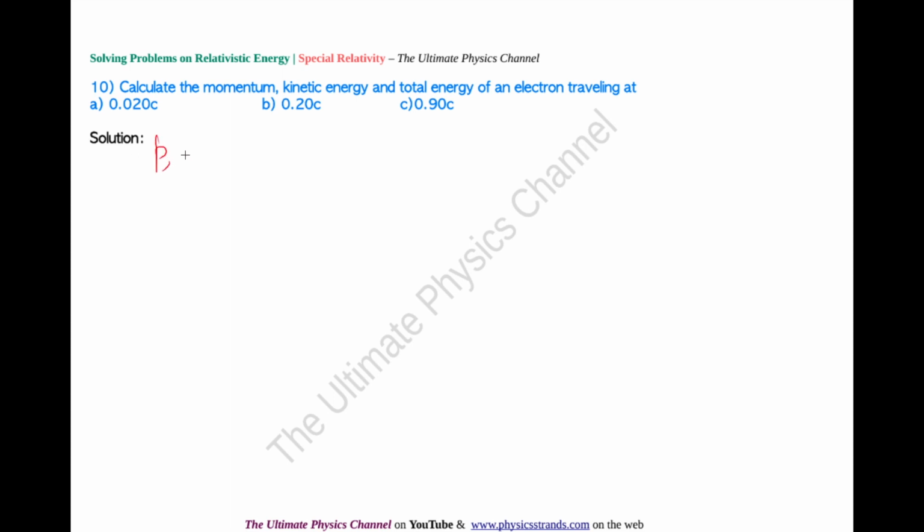So momentum p, kinetic energy, let's call that K, and total energy, let's call that capital E, of an electron whose speed is, we have 3 speeds, A, B, and C: 0.02c, 0.2c, and then 0.90c.